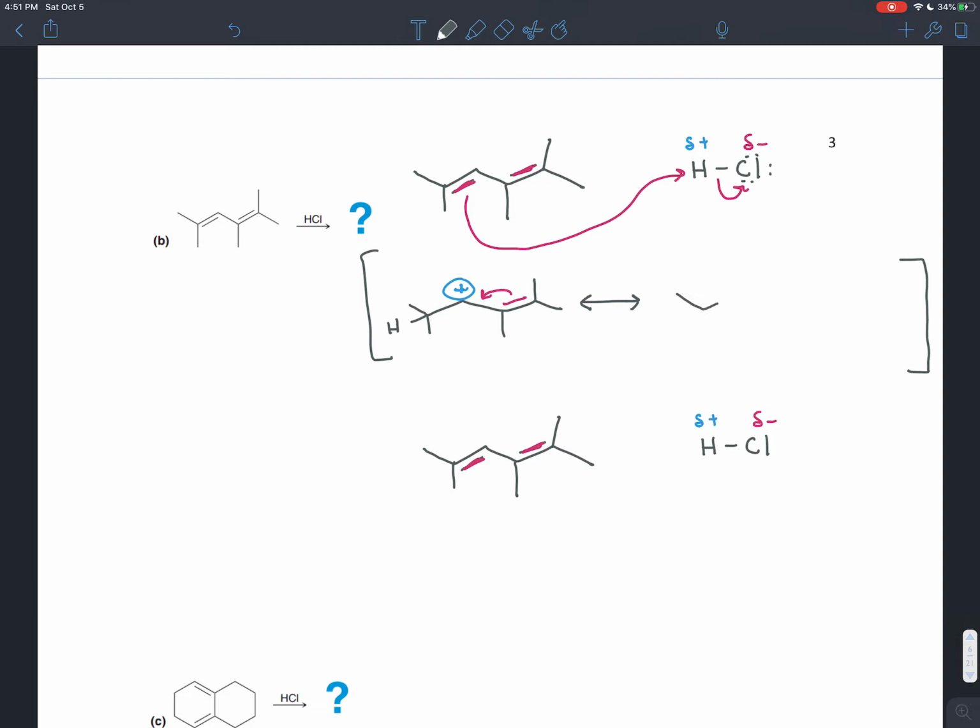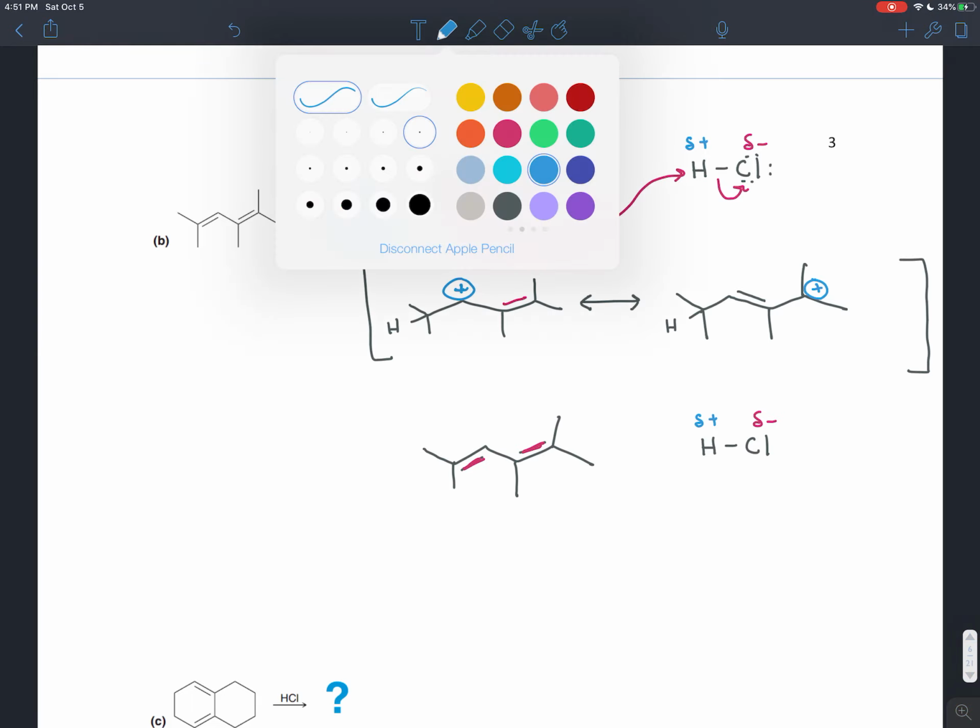They go toward the positive charge. So we'll have our molecule here. Our double bond will be here now, and the positive charge will be over here. So let me erase that arrow. These are our 2 resonance forms.